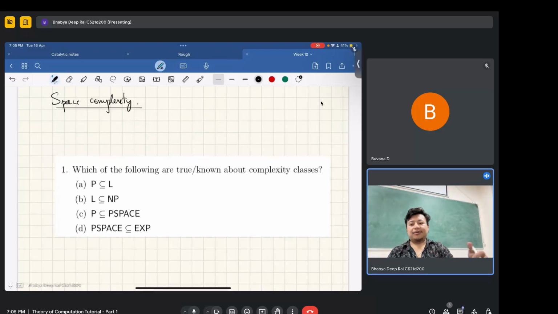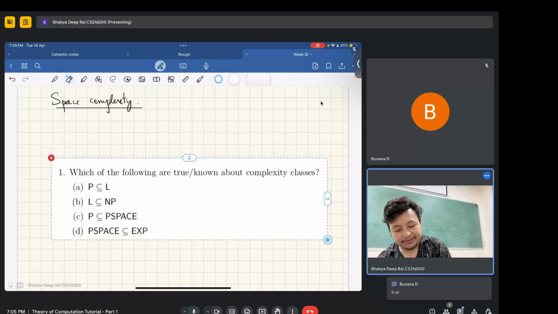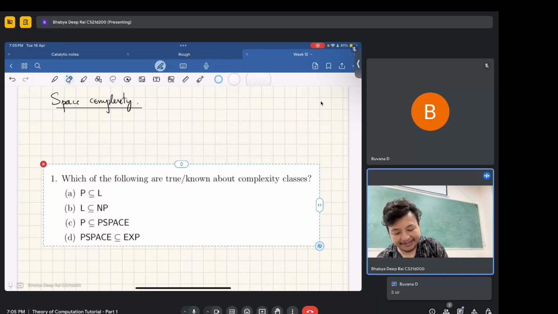Now we've talked about how time is important, how much time a particular program takes, and we are also interested in how much memory a particular program will consume. That is what space complexity talks about. We can characterize problems in terms of difficulty not only by means of time but also by means of space. So there we have some classes like L, NL, and so on.